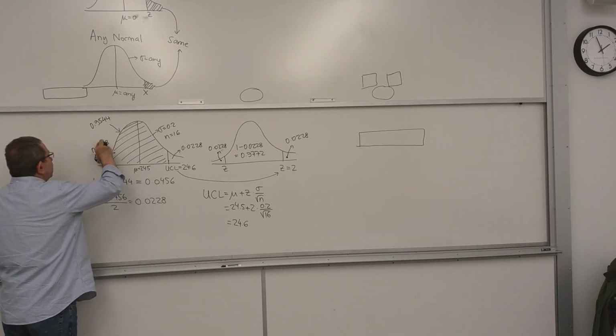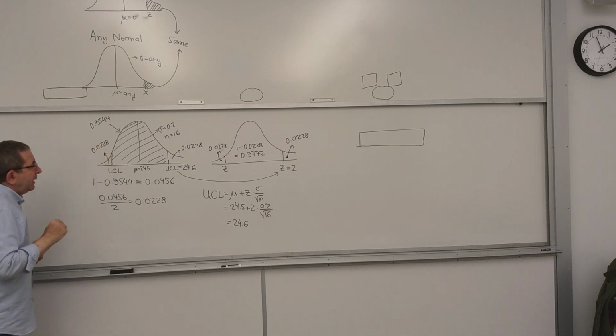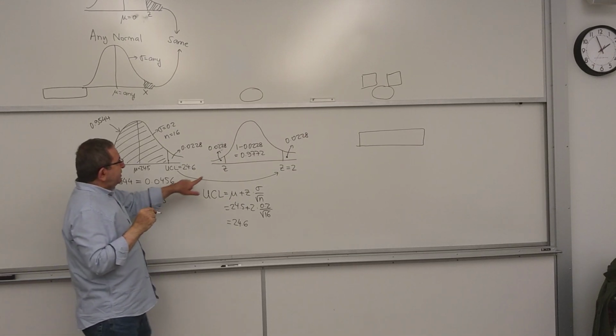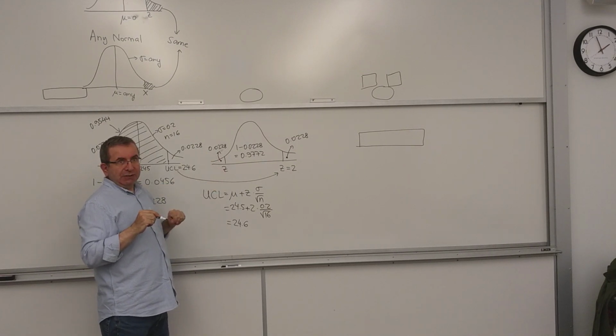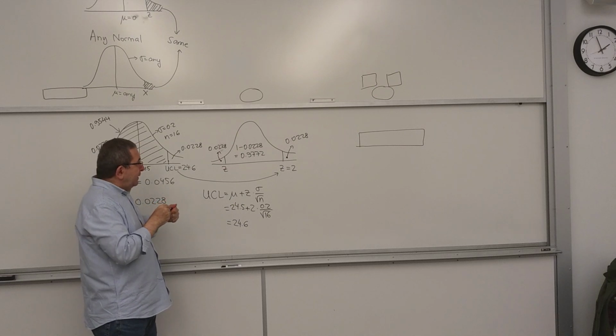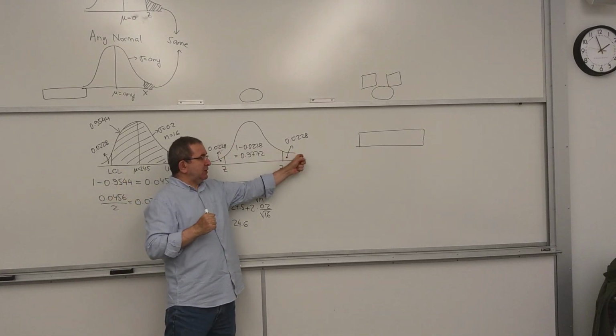So what is the z-value that corresponds to this tail probability? Again, we see symmetry, same tail probability.